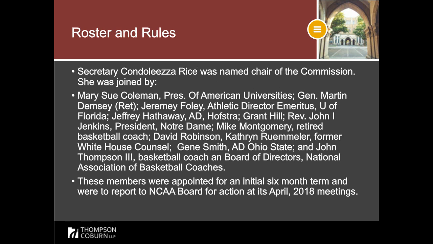Secretary Condoleezza Rice, as I mentioned, was named chair of the commission. She was joined by an illustrious staff, including Mary Sue Coleman, who was the president of the Association of American Universities, General Martin Dempsey, retired, Jeremy Foley, athletic director emeritus from the University of Florida, Jeffrey Hathaway, AD from Hofstra, Duke basketball star and NBA star Grant Hill, the Reverend John I. Jenkins, who was the president of Notre Dame, Mike Montgomery, retired basketball coach, David Robinson, famous basketball player from Navy and Hall of Fame basketball player from the San Antonio Spurs, Catherine Ruemmler, former White House counsel, Gene Smith, the AD at Ohio State, and John Thompson III, basketball coach and board of directors for the National Association of Basketball Coaches.